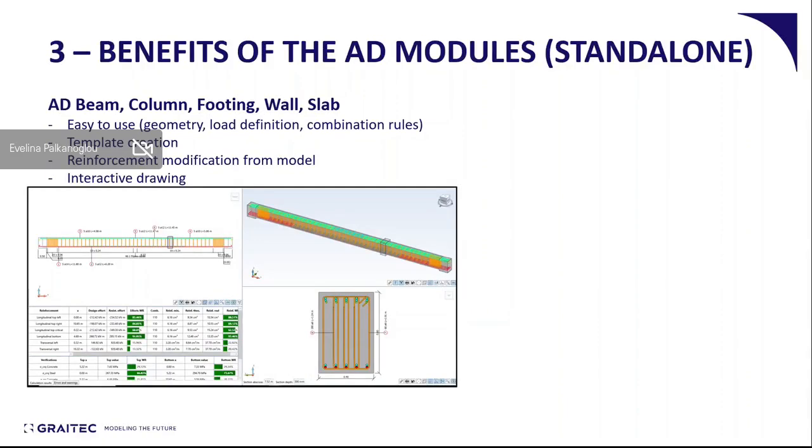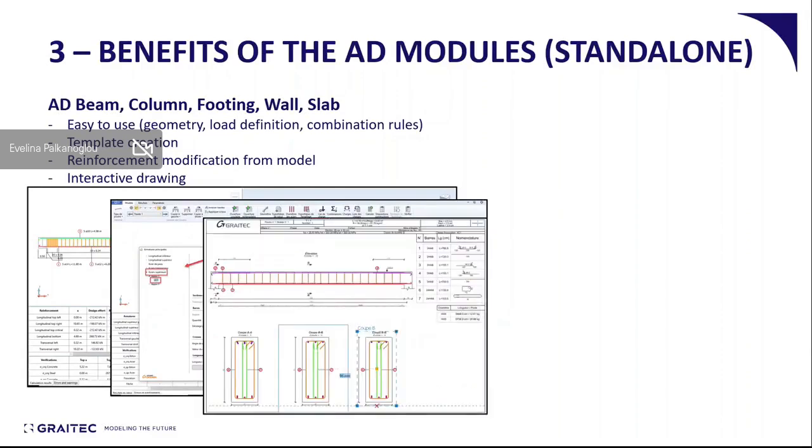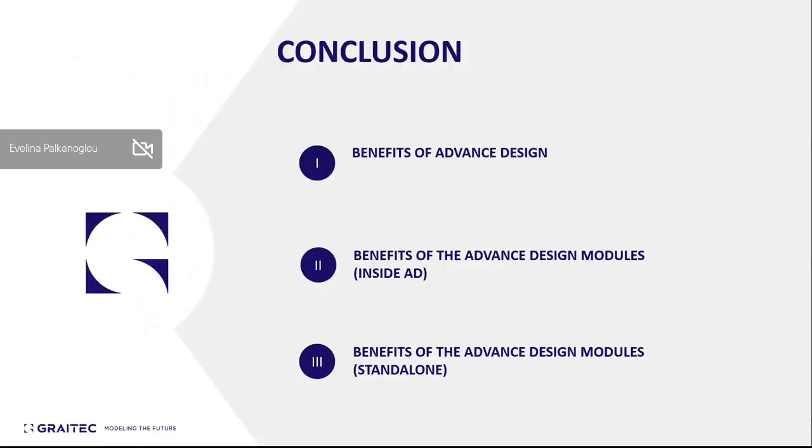Anytime you want to modify parameters on these modules, although they come directly from advanced design, you can easily change those parameters separately, without launching the whole calculation again, and you can launch the generation of reinforcement or the drawing instantly. This saves so much time and energy for the structural engineer, and you can save so much time using these two features.